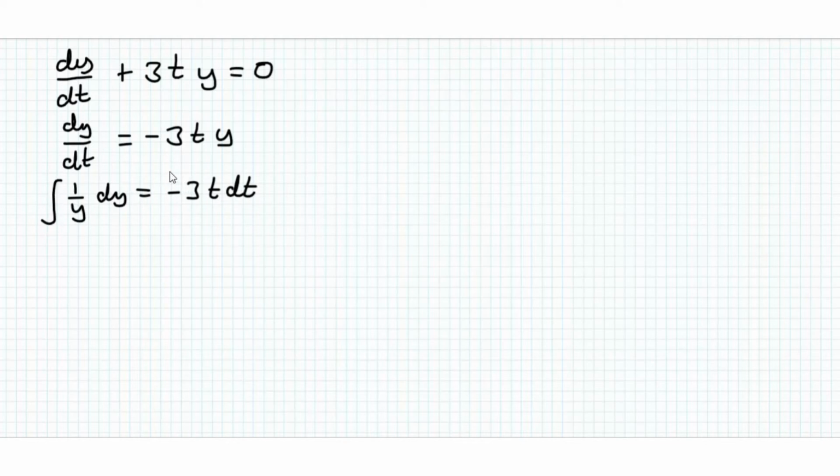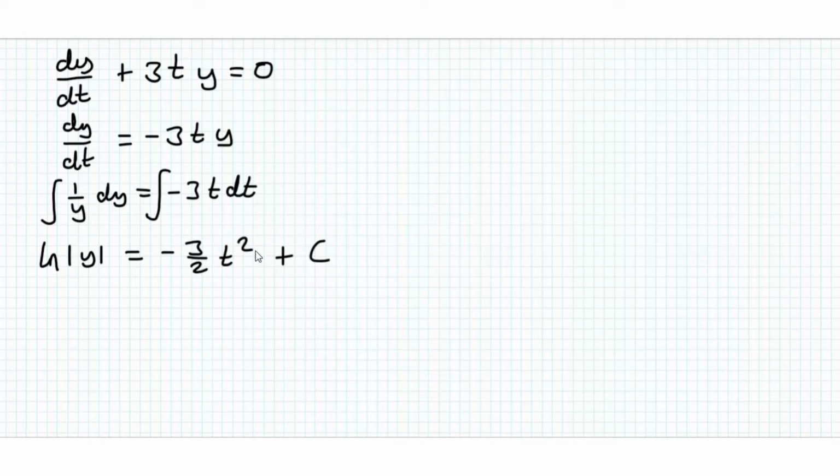Then we're going to jump straight to the next step, which is where we integrate, and 1 over y integrates to ln y, or modulus of y, and this integrates to minus 3 over 2 t squared, and then we're going to add a constant c.